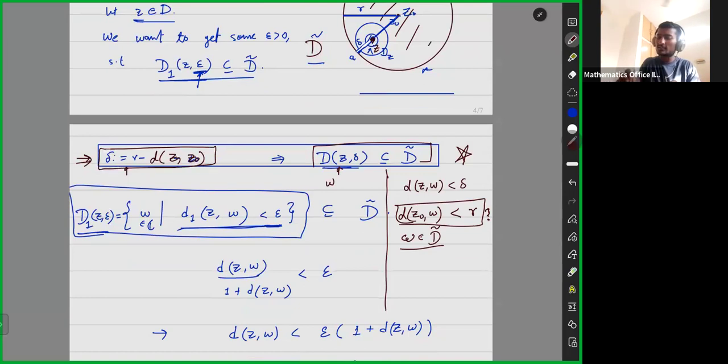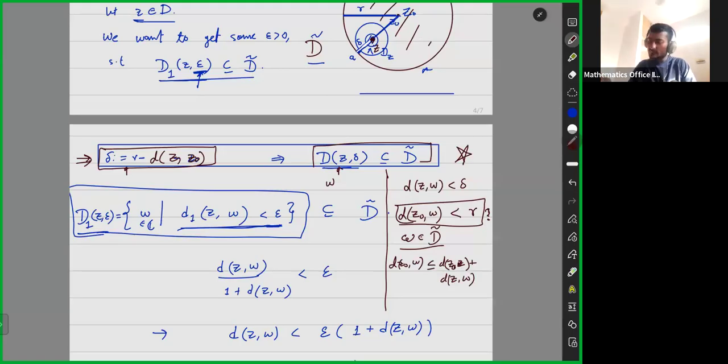Understand how delta is defined as a hypothesis and put it in the triangle inequality. You will get d(z naught, w) is less than or equal to d(z naught, z) plus d(z, w).